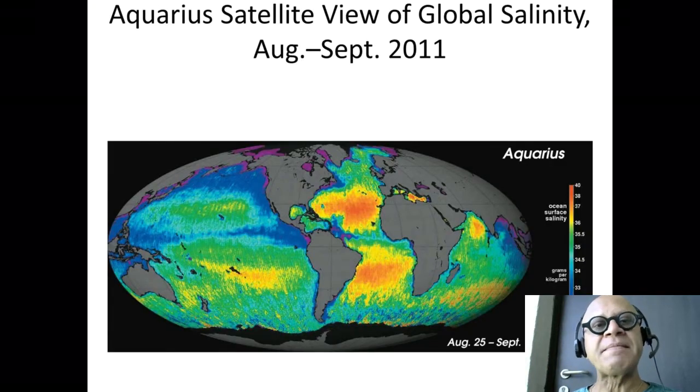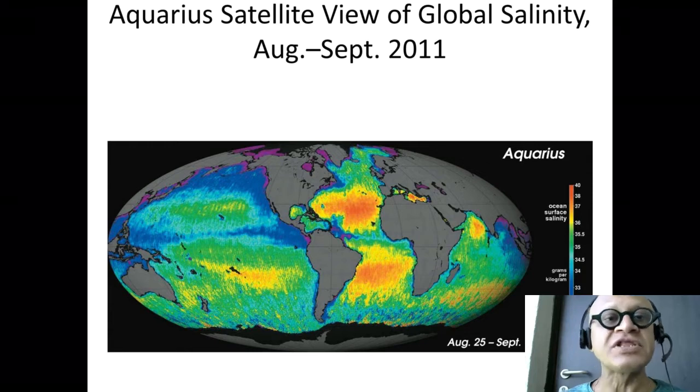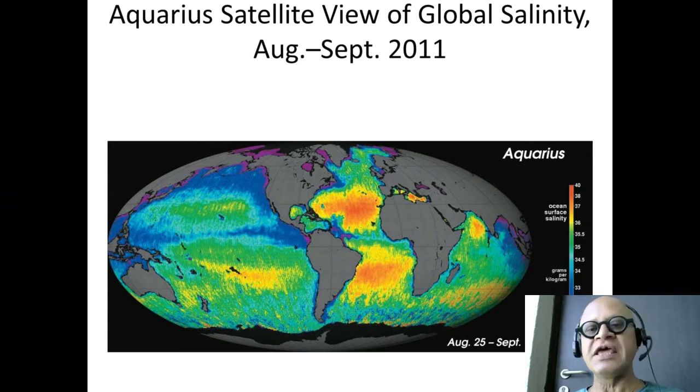You can also look at a map of salinity. There is a new satellite that was launched in 2011 that flew around for a few years, and then it died. It was called Aquarius, a US-Argentine satellite that was measuring salinity from space.